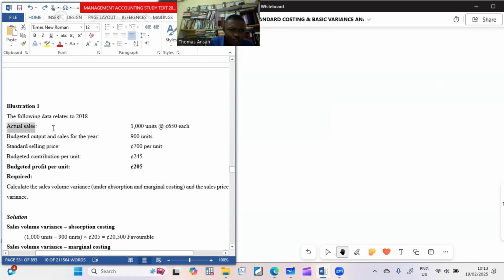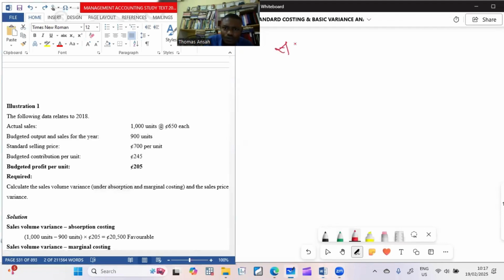What do we have here? Actual sales. This is the budgeted output. So we are meant to do under absorption. In absorption, what did we learn? It is everything.